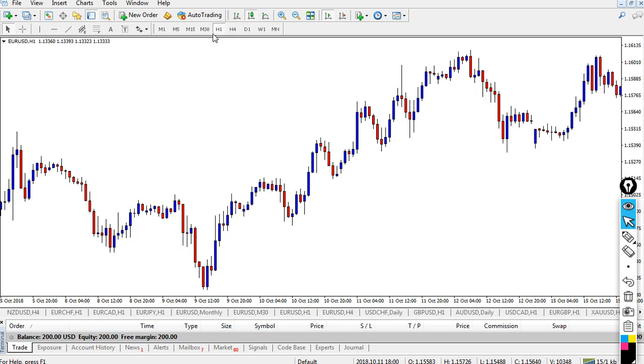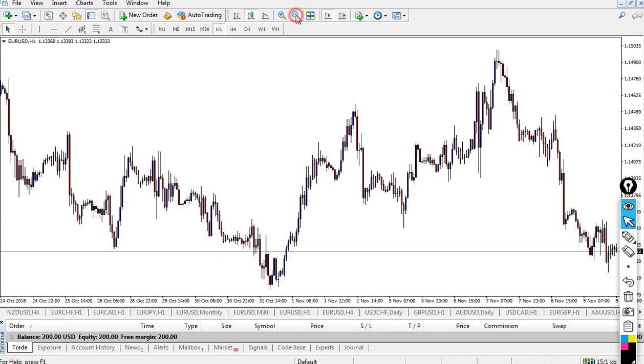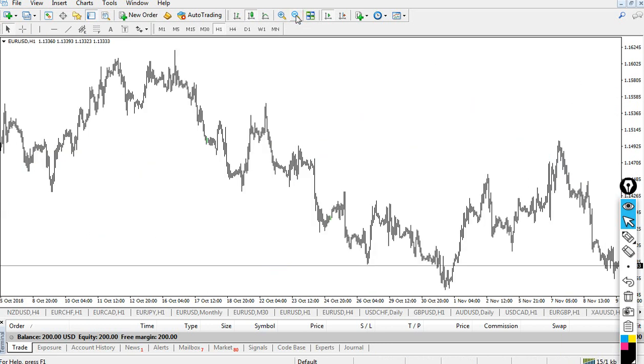Now just minimize it, and first of all take an overlook at where the market is right now and what's going on. If we see the market is coming from this point to this point, it's basically our range.